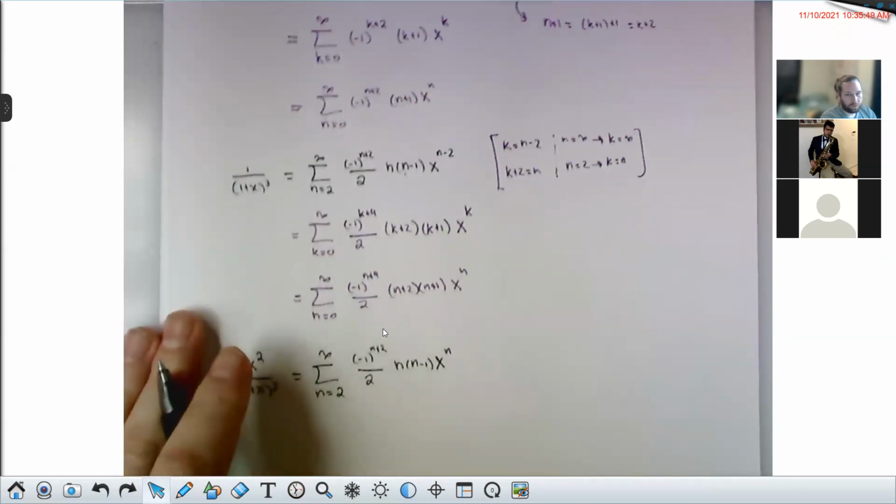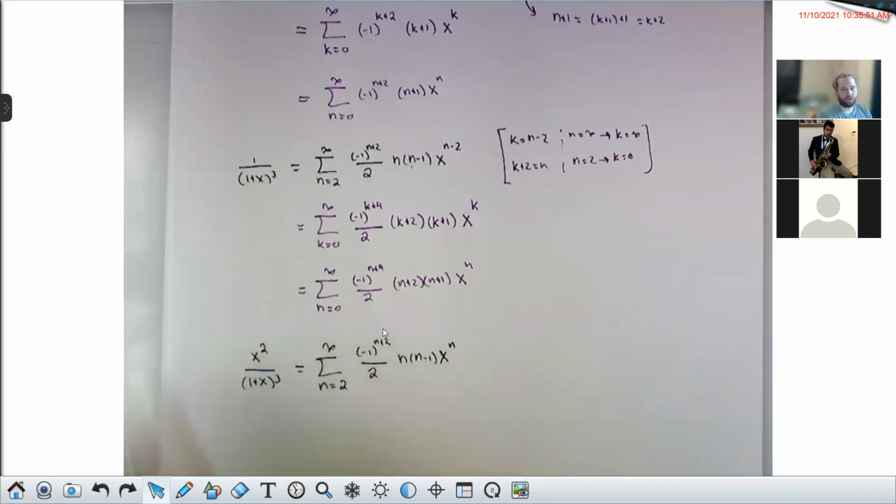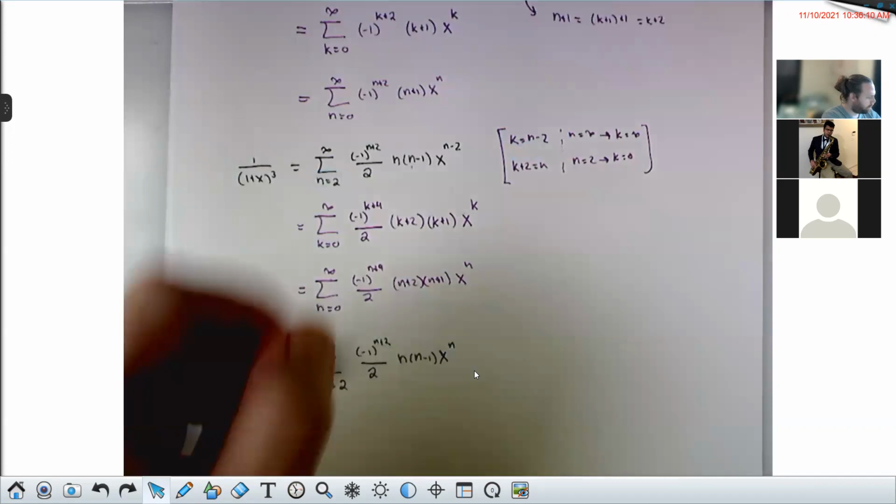So if my goal was to make this series start at 0, even though I have an x to the n here, I would still make the same substitution, right? The k equals n minus 2 substitution is what changes this from a 2 to a 0. It's going to mess up the power of x, which is unfortunate. But you got to pick one. Have your cake or eat it.